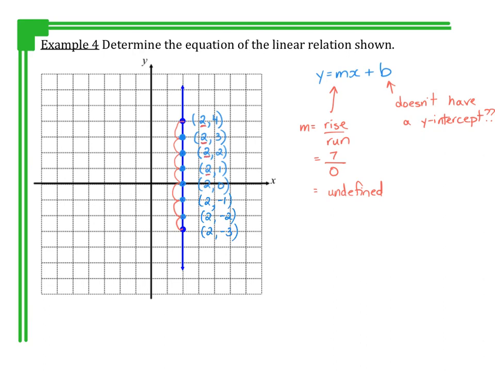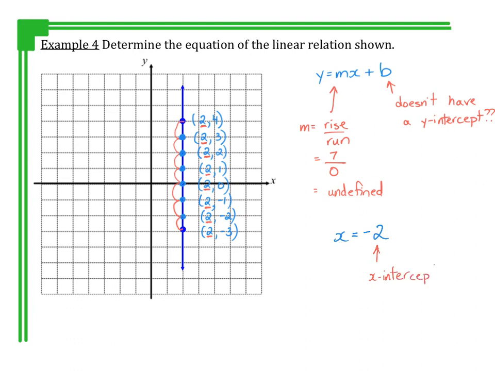And that's why when we do vertical lines, the equation of a vertical line is going to be of the form x equals, in this case, 2. And that 2, I'm going to introduce something new here. 2 is the x-intercept of the line.